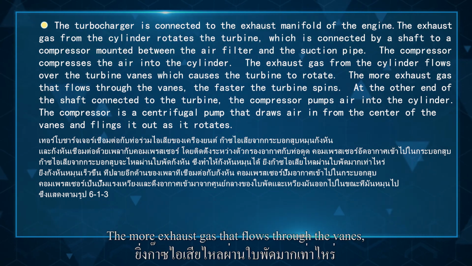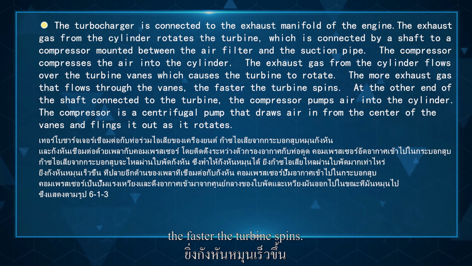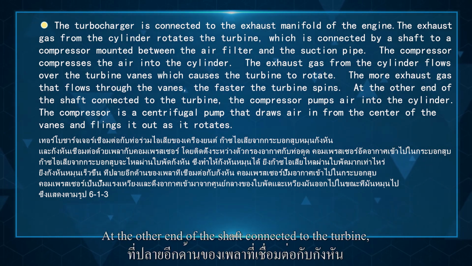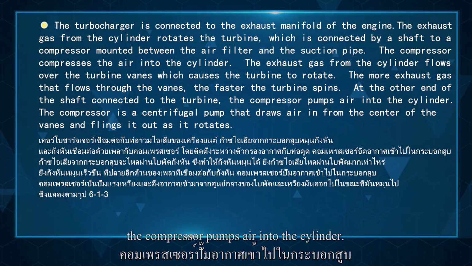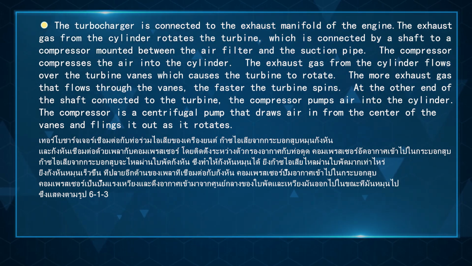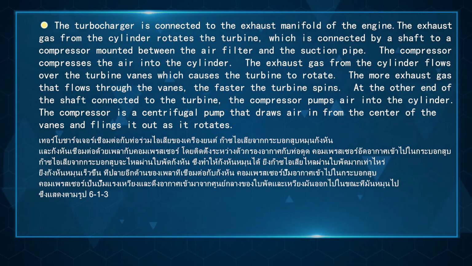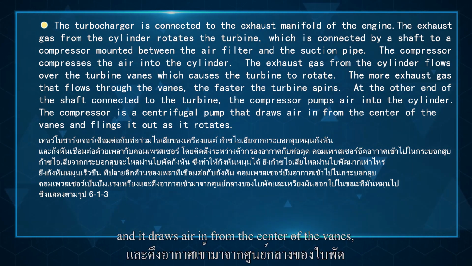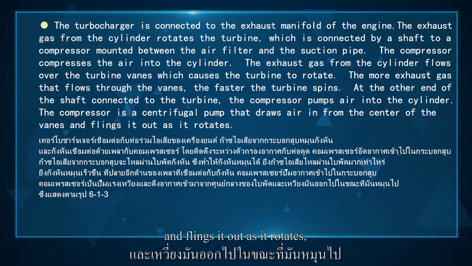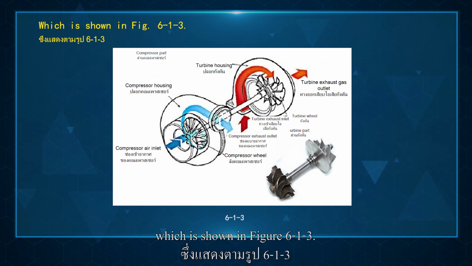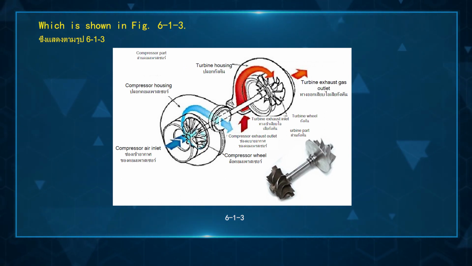The more exhaust gas that flows through the vanes, the faster the turbine spins. At the other end of the shaft connected to the turbine, the compressor pumps air into the cylinder. The compressor is a centrifugal pump, and it draws air in from the center of the vanes and flings it out as it rotates, which is shown in figure 6.1.3.